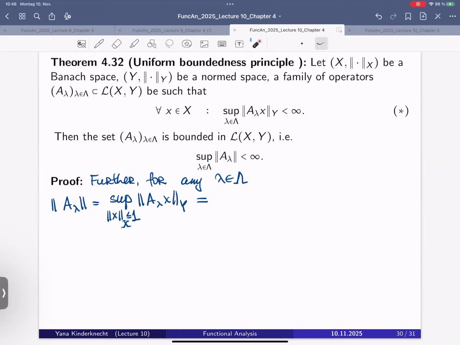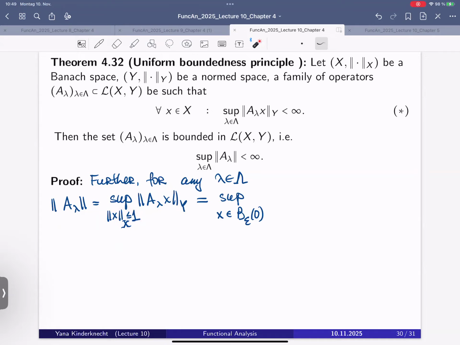So the idea is as follows. I take the supremum over all x which belong to B_epsilon(0). So this is a unit ball, this is the ball with radius epsilon. It does not matter if I take the closed ball or open ball because we take the supremum, so no problem. If we take an element x from this ball, then x over epsilon belongs to the unit ball.